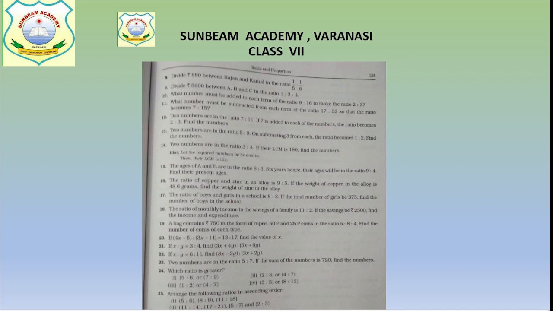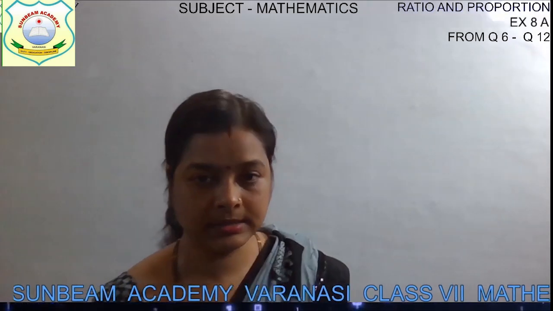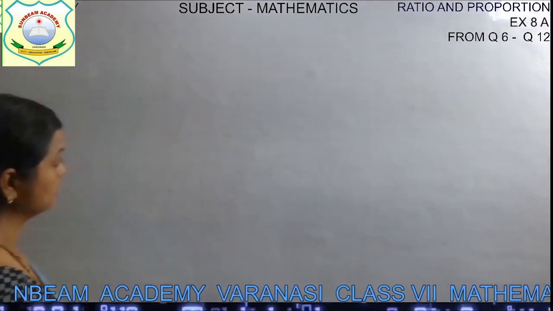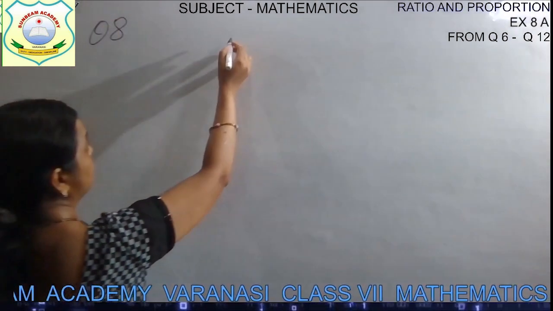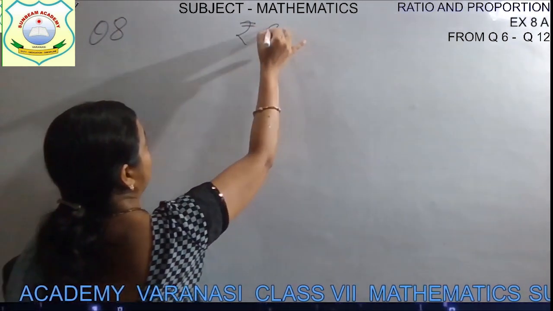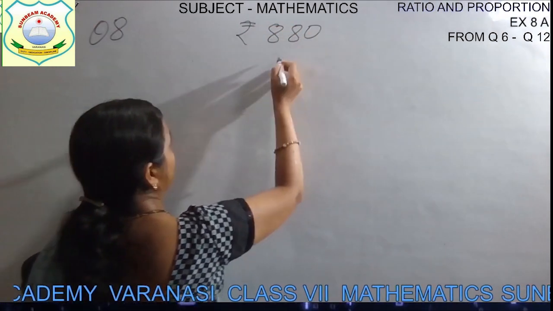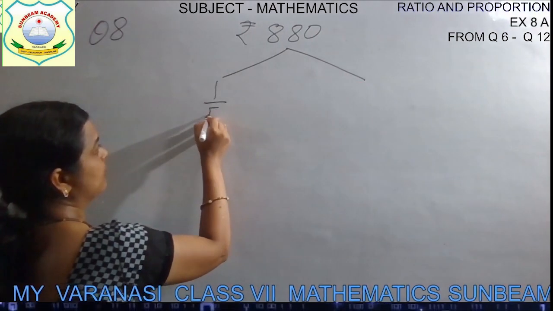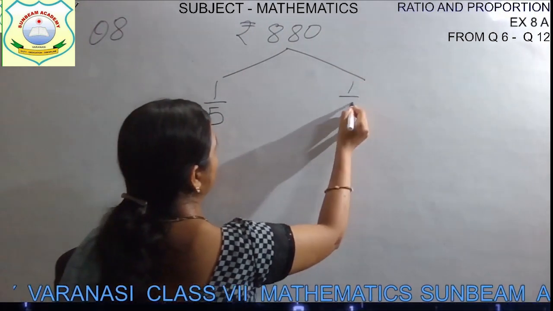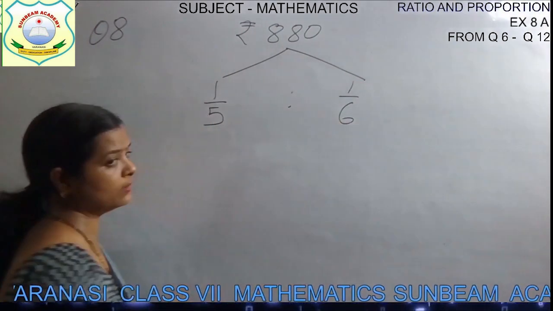Let's see. Children, I am writing it on the board. We have to divide rupees 880. Question number 8. We have to divide rupees 880 in two parts, 1/5 is to 1/6.